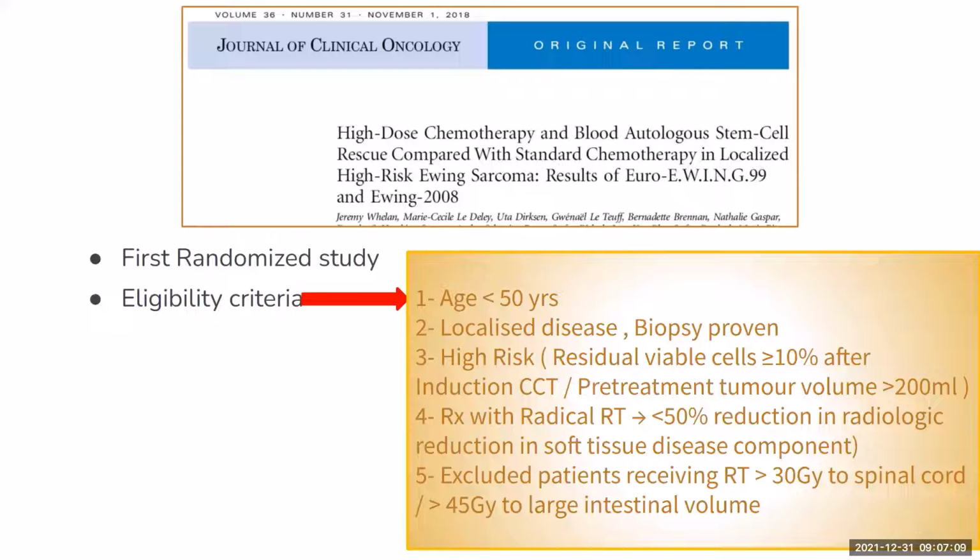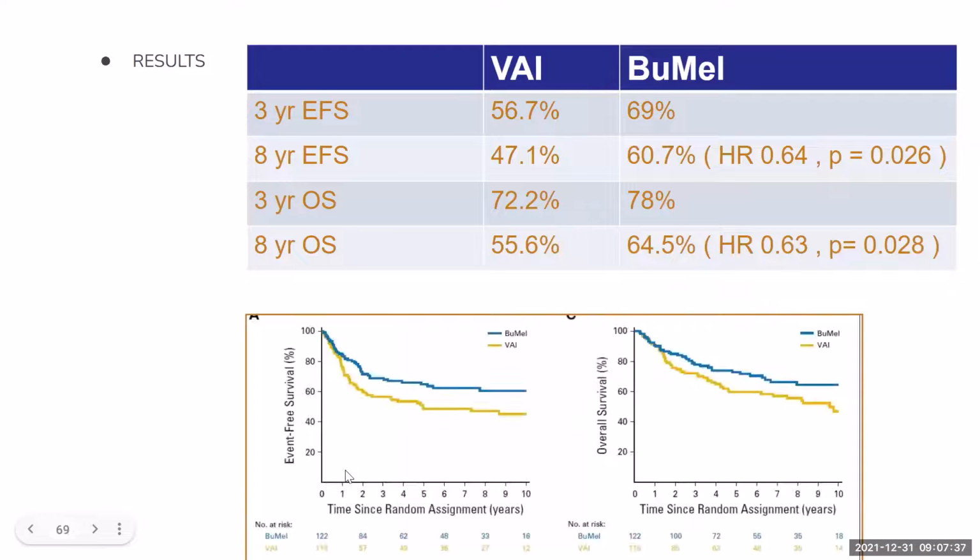It did not show benefit, but in this selected population, age less than 50 years, those who have localized disease, biopsy proven, and high risk, that is residual viable cells of more than 90% after initial induction chemotherapy, pre-treatment volume of more than 200 ml, treated with radical RT, and less than 50% reduction radiologically, and those who have not received RT to the spinal cord or to large intestinal volume, were randomized to 2 arms: continuation of VAI chemotherapy versus autologous stem cell transplant with Bumel.